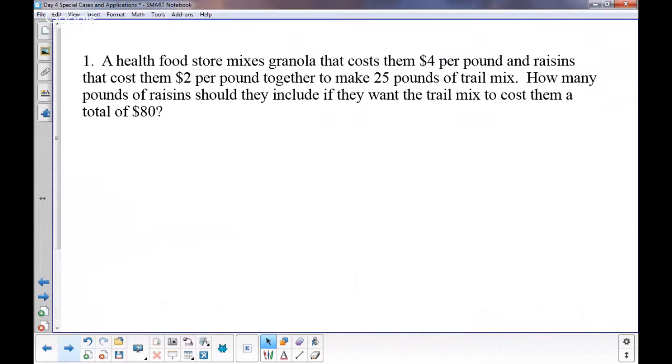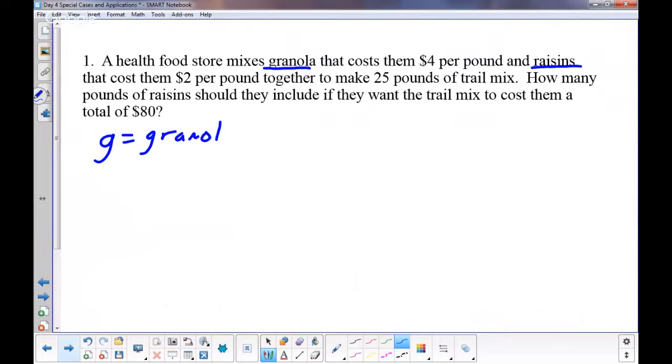We want to know how many pounds of raisins they want to use. So we know raisins is one of our unknowns. What other ingredient do they need for trail mix? Well, we look up here and we see that it is granola. We know it's granola and raisins. So if you want to use G and R or X and Y, it doesn't matter. I'm going to use G and R. G for granola and R equals raisins.